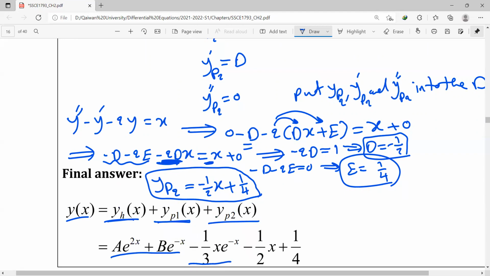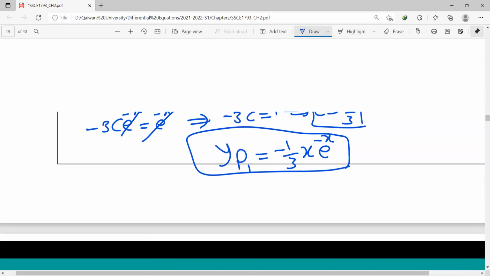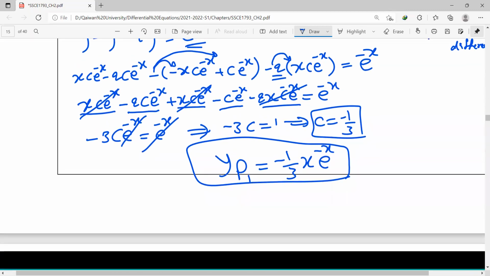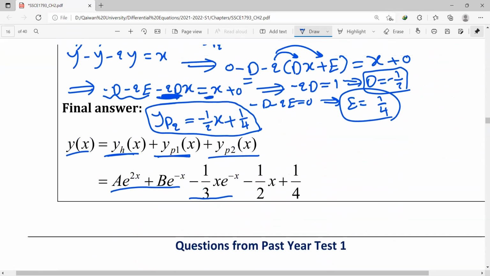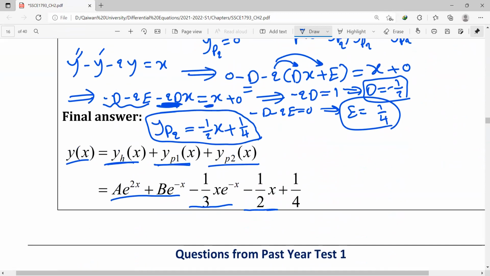This is yp1 that you found, as you see here. Then yp2 is minus a half of x plus 1/4. That's yp2, which we found. So that's the solution of this type of questions.